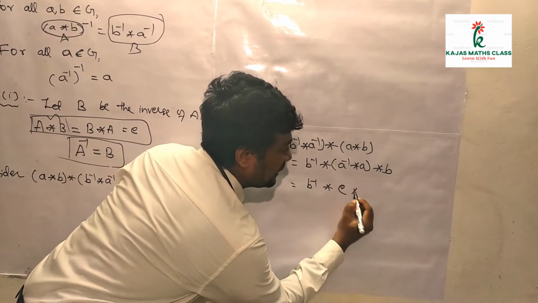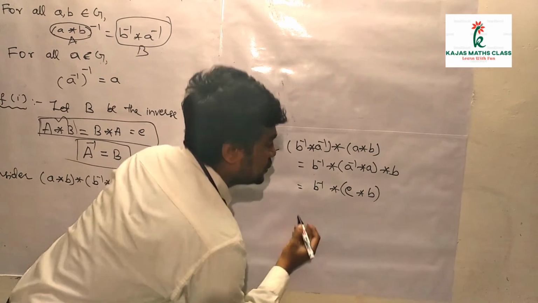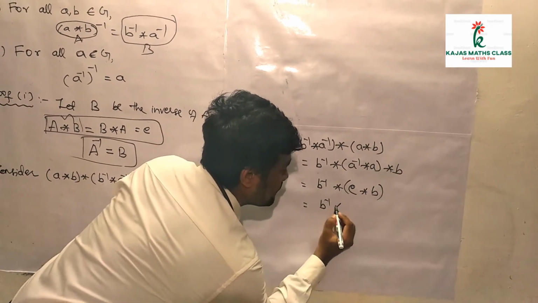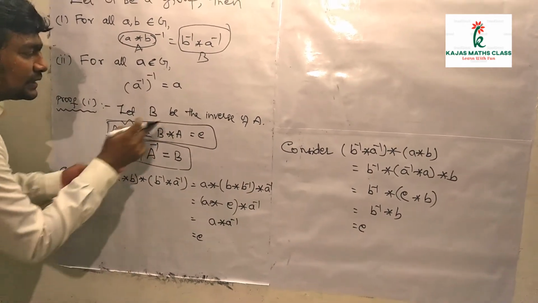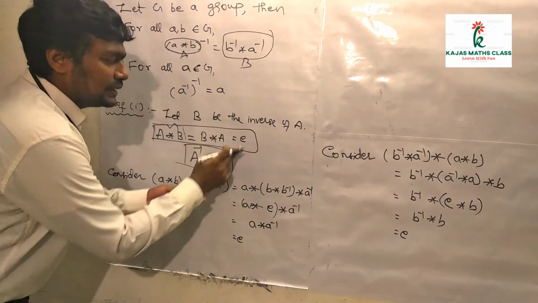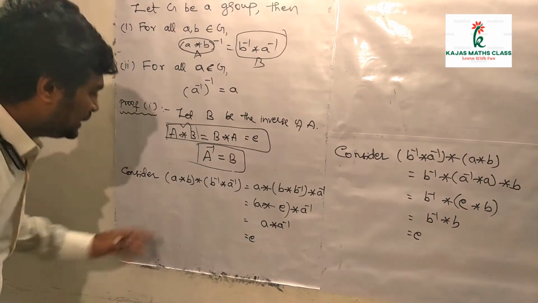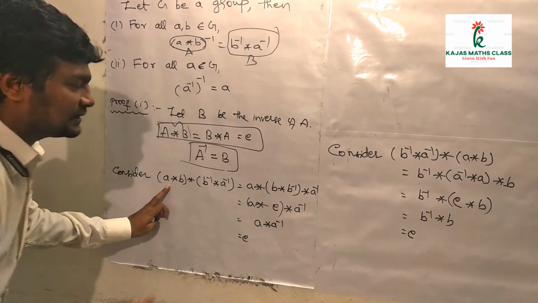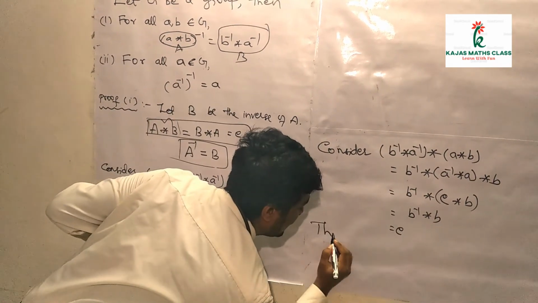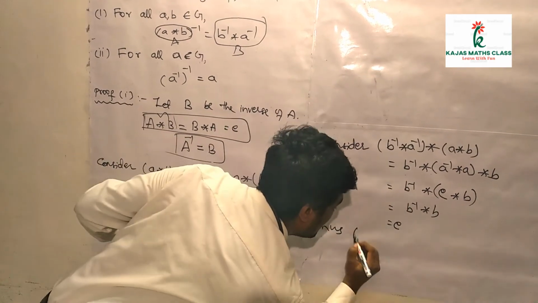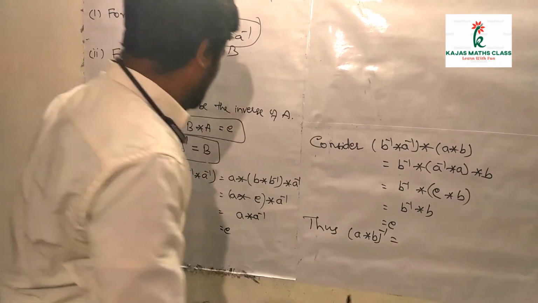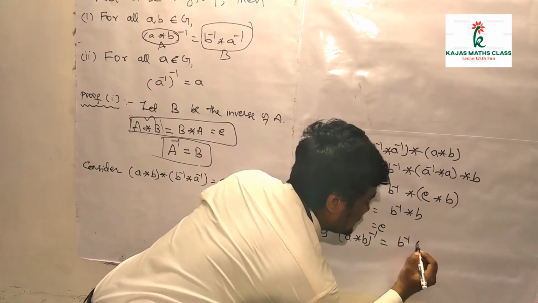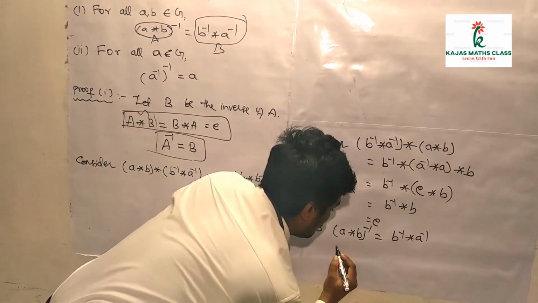It is e, right? Now I am combining these two. So a * b is also e, b * a is also e. Then obviously this is the inverse of this. Then (a * b) inverse is b inverse * a inverse. Hence, proved.